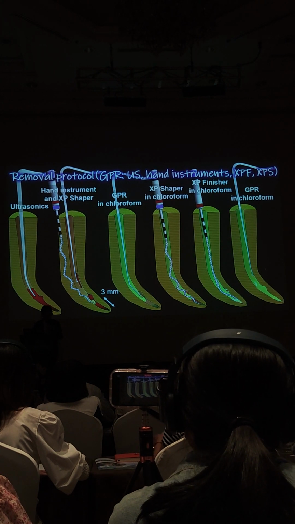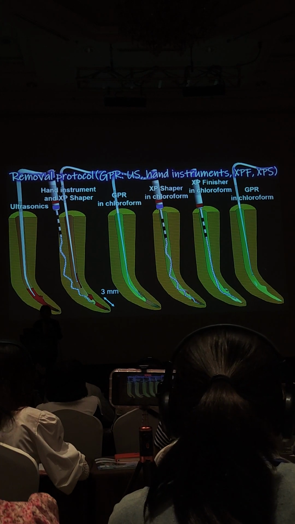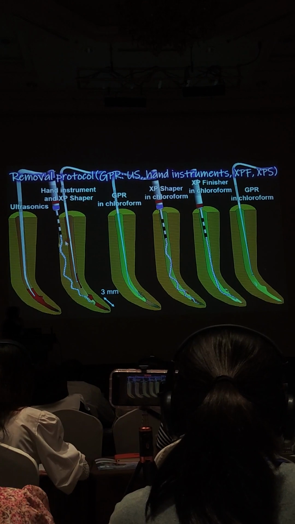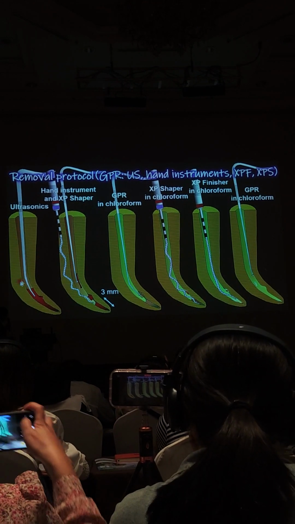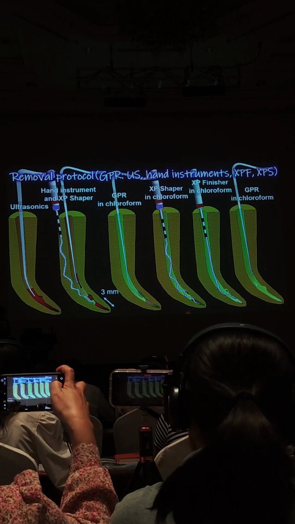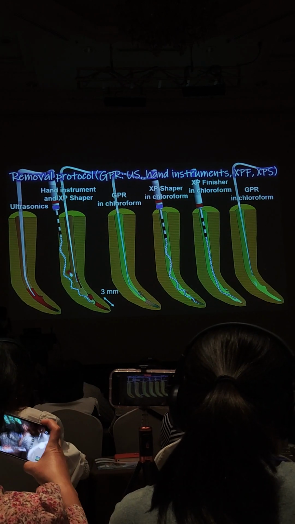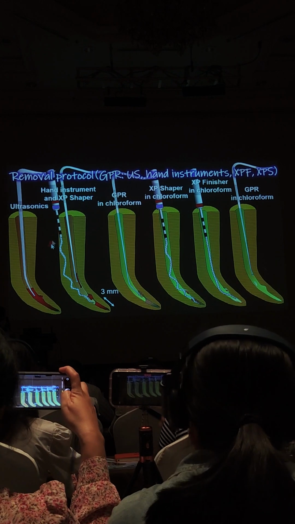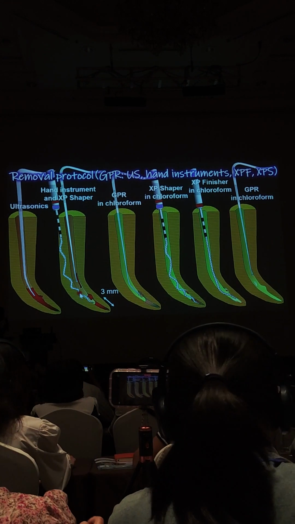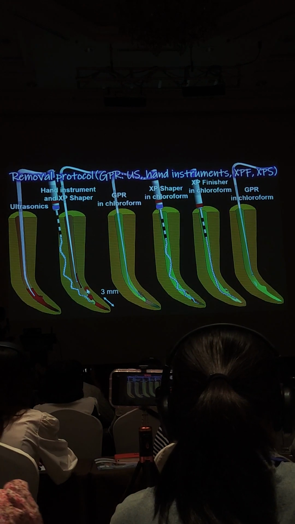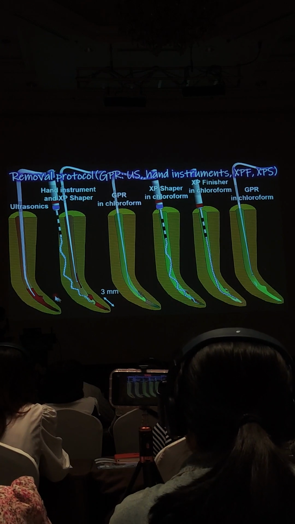So this is the protocol to remove the gutta-percha. First, use a small size ultrasonic tip, including TFRKS, creating a space for the rotary instrument. Then I will use the XP Endo Shaper in the space that I created with the TFRKS.